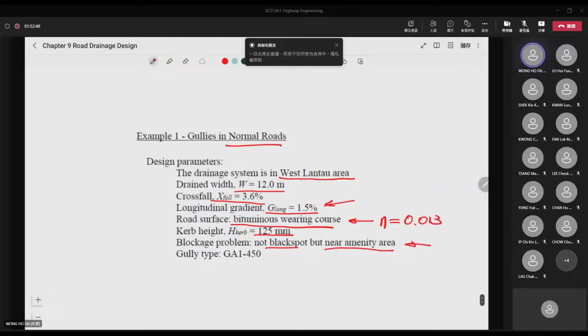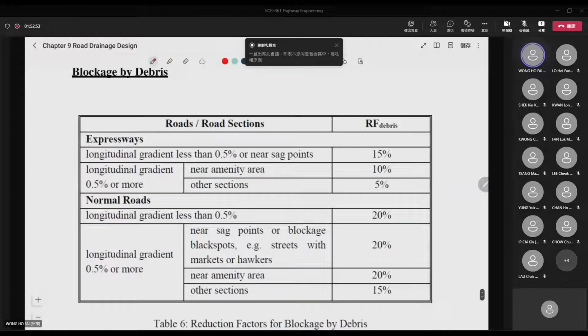For the gradient, actually it is equal to 1.5%, that means the longitudinal gradient is larger than 0.5%. So we should use this one, right? It is the normal road, and then the longitudinal gradient is 0.5% or more. Therefore, here actually it is near amenity area, but not black spot. So the reduction factor is equal to 20%. Do you agree?